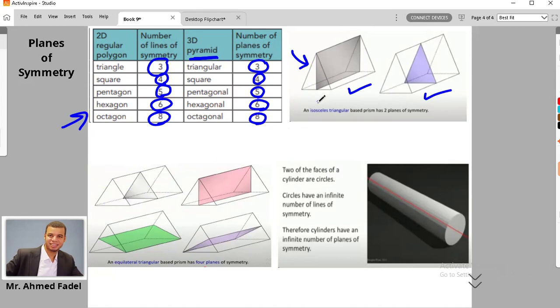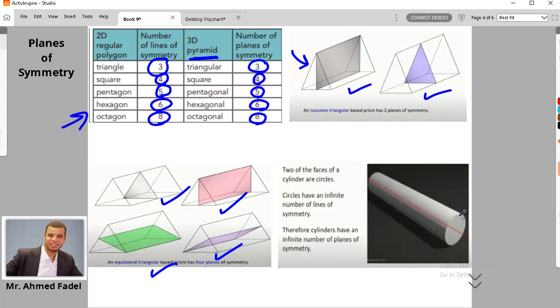Again, so this was isosceles. That's why it had two planes of symmetry. This one here is an equilateral triangle. It had one, two, three, four planes of symmetry. So an equilateral triangle in a prism, in a triangular prism, has four planes of symmetry. Two, three, four.